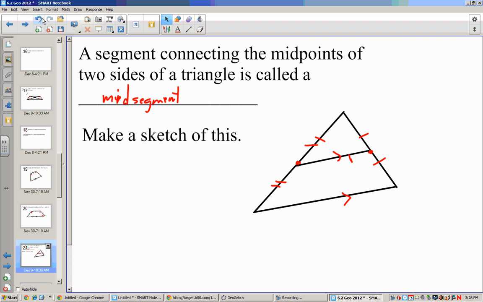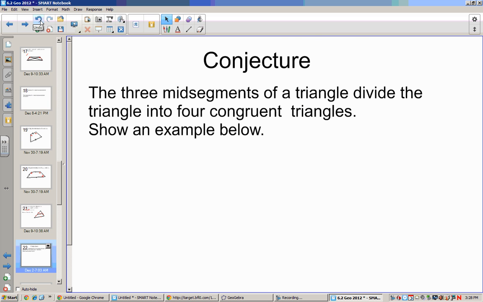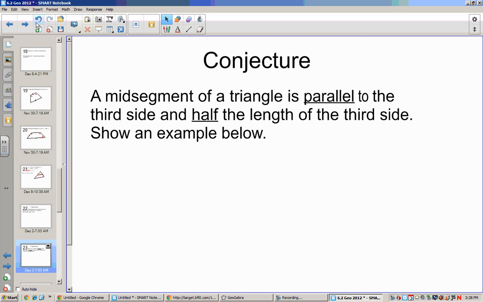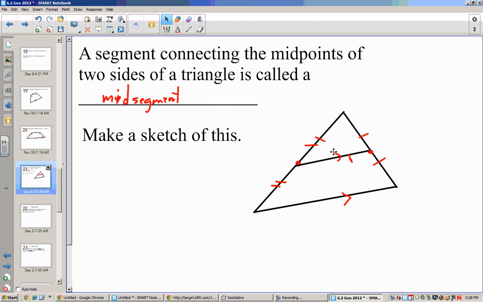So here is our conjecture: the midsegment of a triangle is parallel to the third side and half the length of that third side. And that's what I showed here. So if this side is 8, the whole one down here is going to be 16.